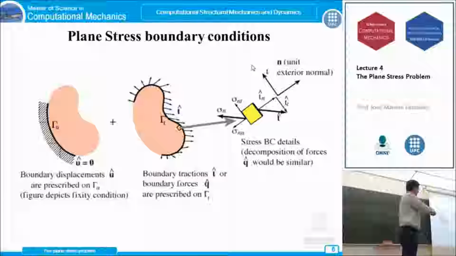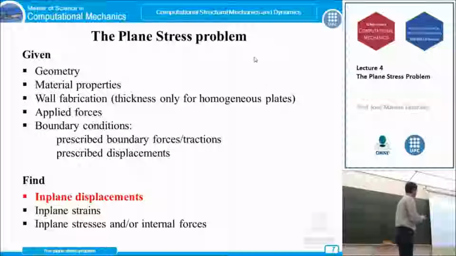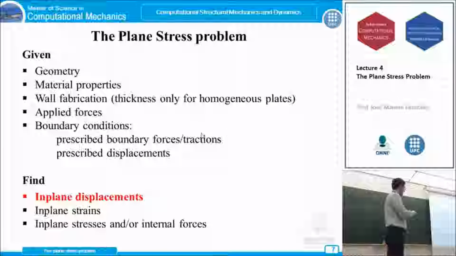So magnitudes and boundary conditions, and our given problem data will be the geometry, of course, the material properties. We consider this as homogeneous along the thickness. The applied forces and the boundary conditions. These boundary conditions include the boundary forces or interactions.